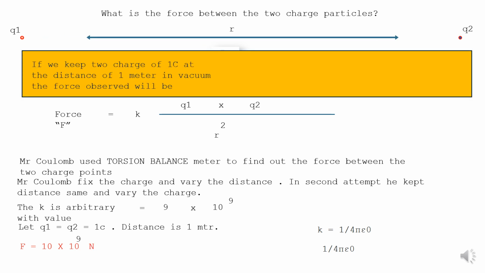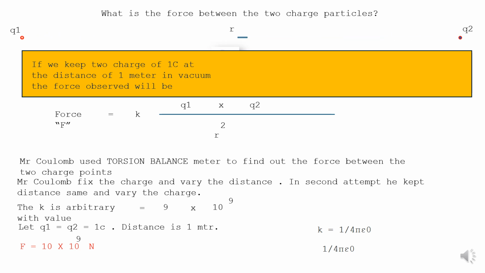So what is Coulomb's law? If we keep two charged particles having 1 coulomb charge at a distance of 1 meter in vacuum, please listen carefully, I am explaining Coulomb's law. I give more emphasis on the word vacuum.